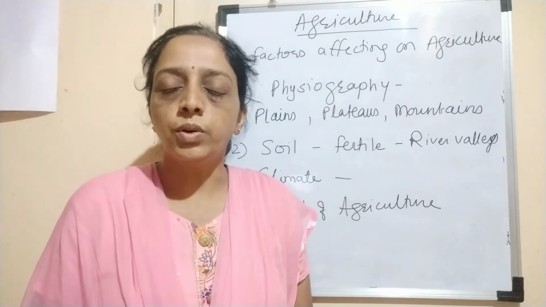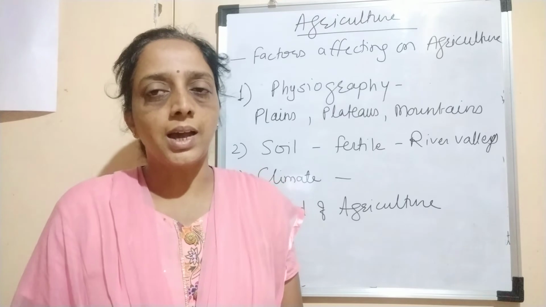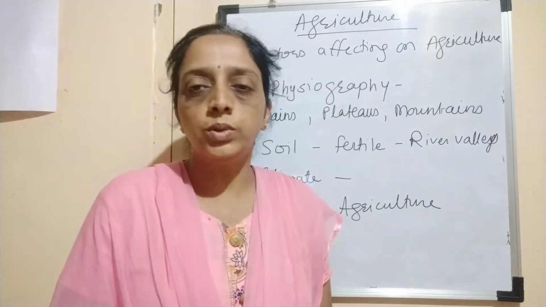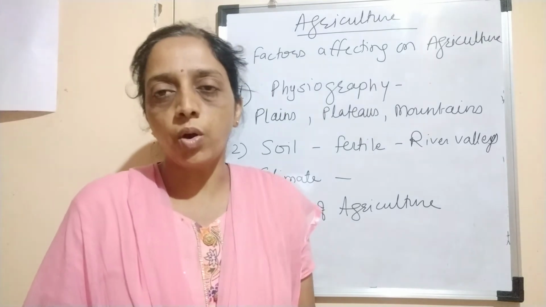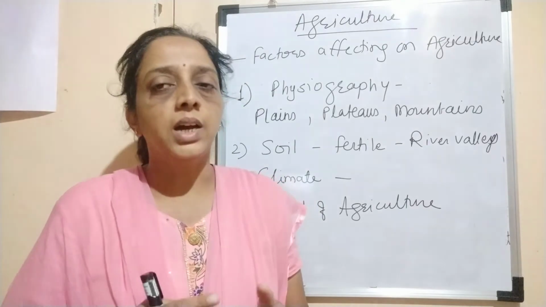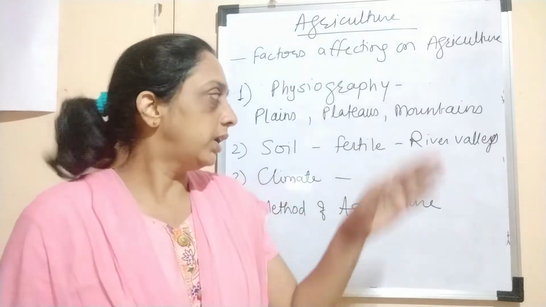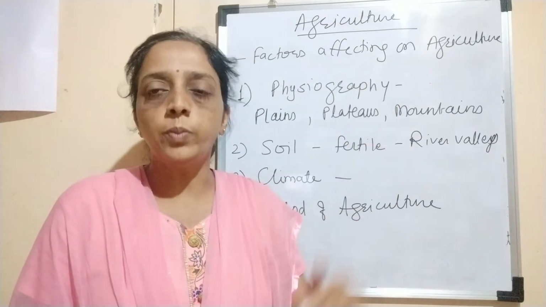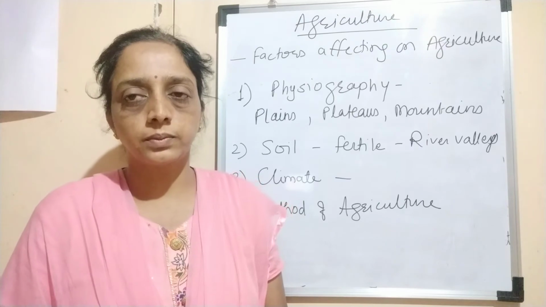These are some of the rivers which are the longest and flowing throughout the year. These rivers have formed the plain areas where agriculture is mainly practiced. As well, on the tops of the plateaus, agriculture is practiced.